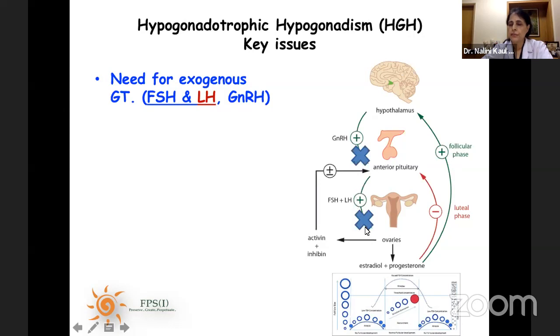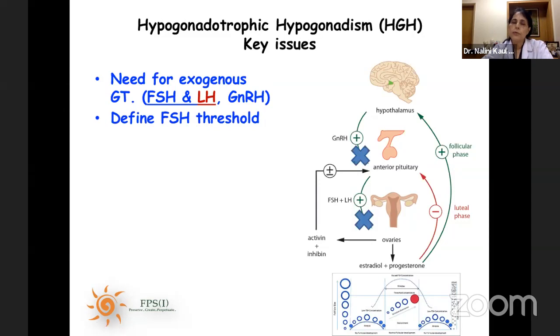and therefore no FSH and LH. So what do we do? We provide either GnRH in a pulsatile manner, which is not universally available. What is more easily available is the injectable FSH and LH, and this together as HMGs, or if you're giving recombinants, then both have to be given together to stimulate the ovaries and allow for production of the eggs.